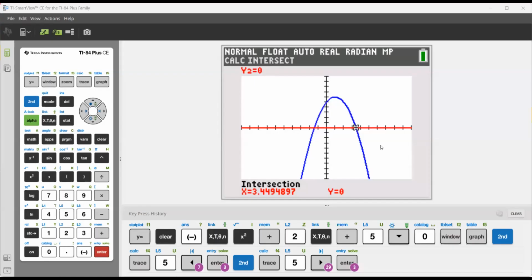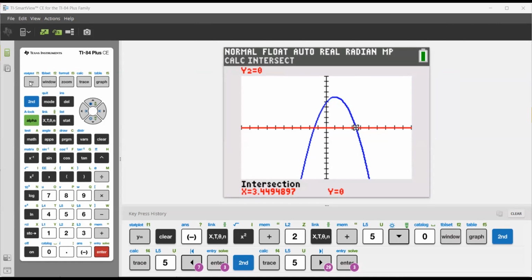All right. So what do we have for our function? We have negative x squared minus 6x minus 9 equals 0.